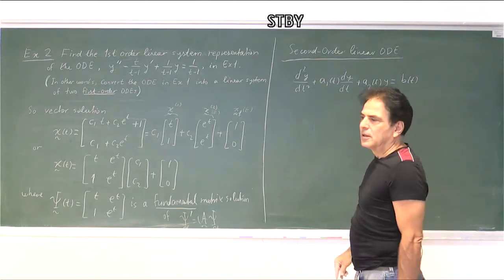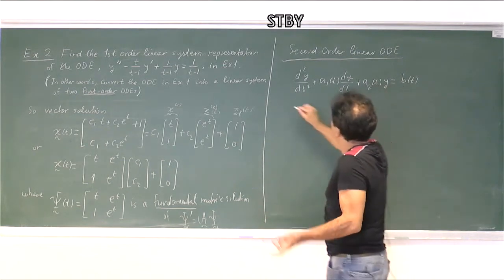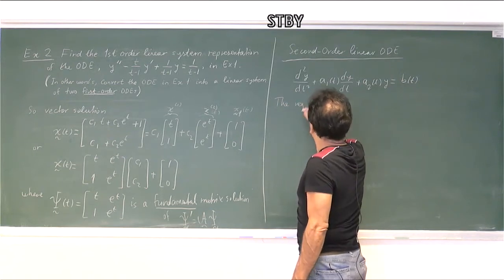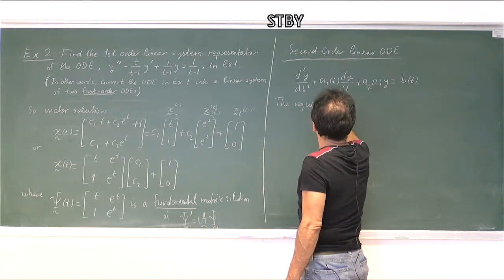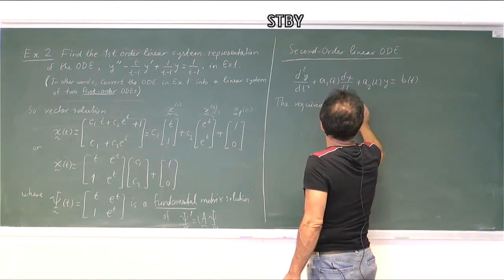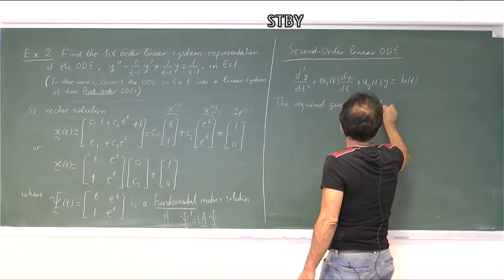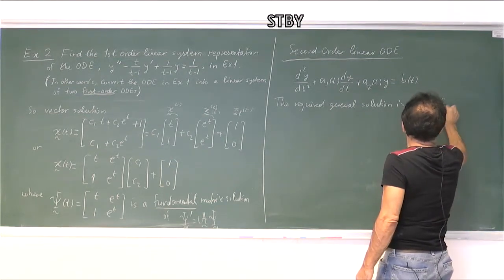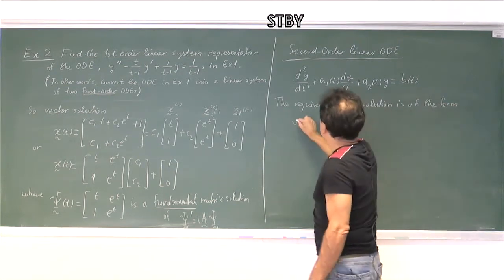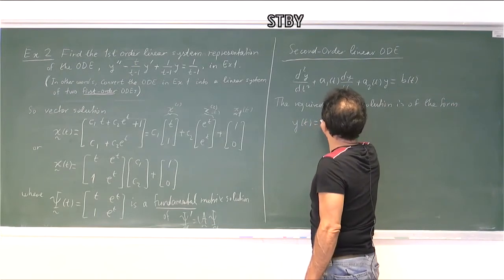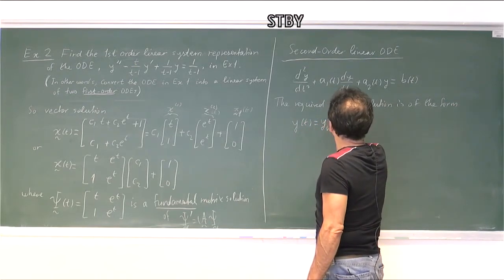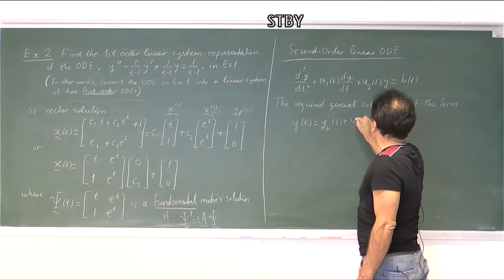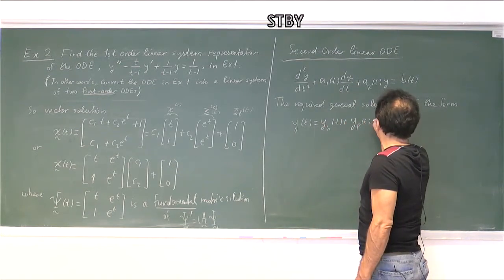Good? So it is known that the required general solution is of the form y of t equals homogeneous solution plus a particular solution.